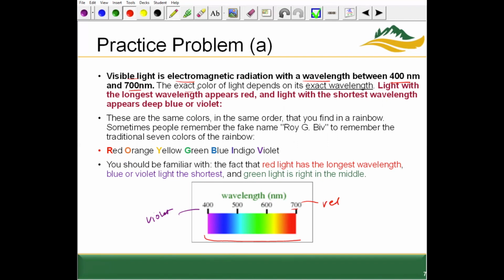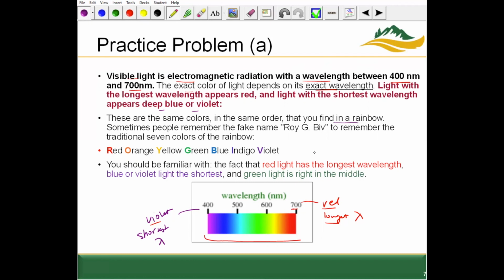So the exact color that we see depends on the exact wavelength, where light with the longest wavelength, so right, this is the longest, 700 is longer than 400, appears red, while light with the shortest wavelength appears a deep blue or violet color. So let me specify longest wavelength, and then here is our shortest wavelength.